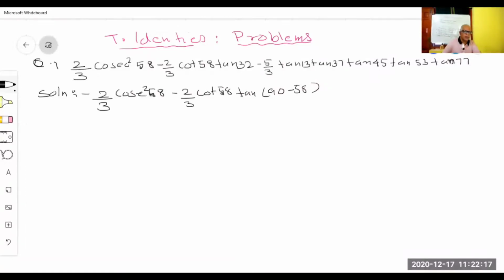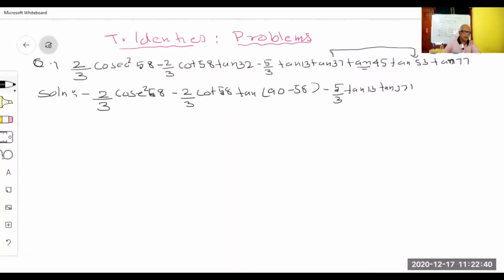Then this is 1, right? So minus 5 by 3 tan 13, tan 37 into 1. What is 53? 53 and 37 is 90.